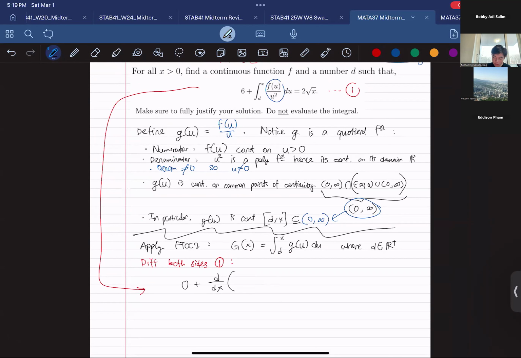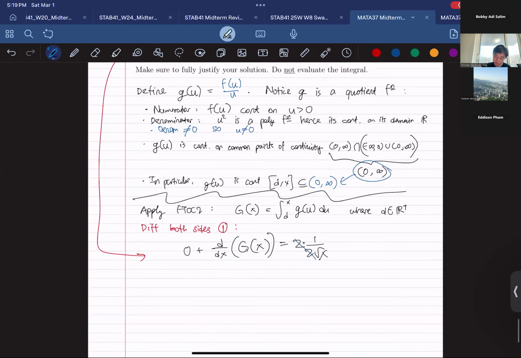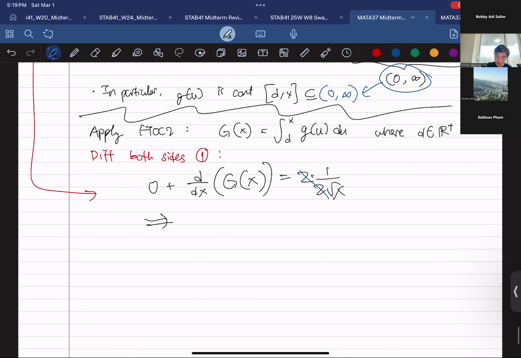But actually, this becomes g(x) already because we replace this by our definition of g in the beginning. And for the second part, there's a 2 root x. The derivative will be something like this, but we still have 2 in front, that simply crosses out. And simply, the derivative of the function capital G(x) is the big G with that apostrophe.